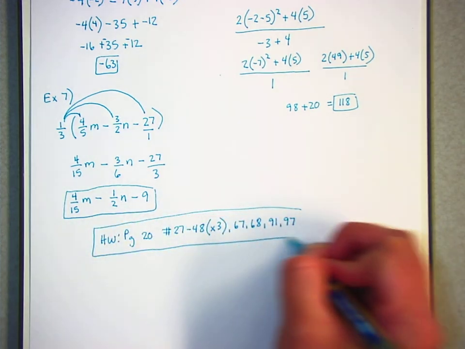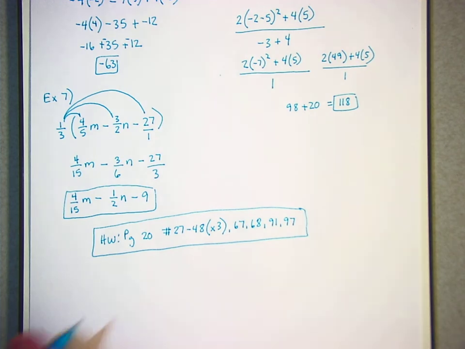So there's the homework. It is page 20, numbers 27 through 48, multiples of 3. That means you have to do number 27, then 30, then 33, then 36, etc. And then you have to do problems 67, 68, 91, and 97.